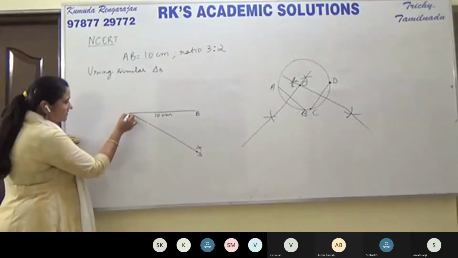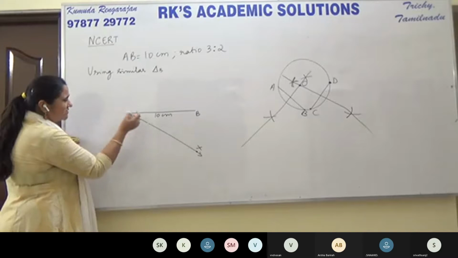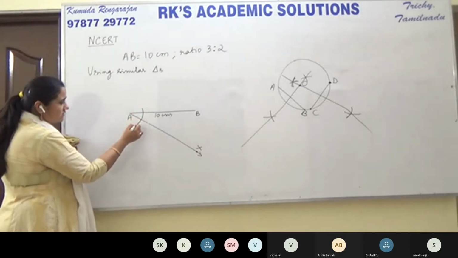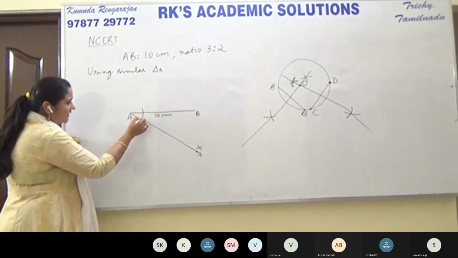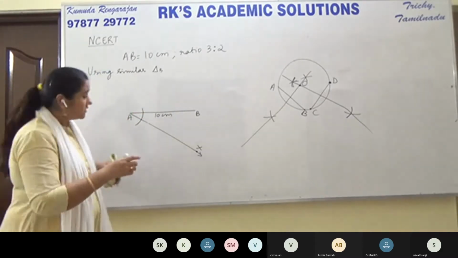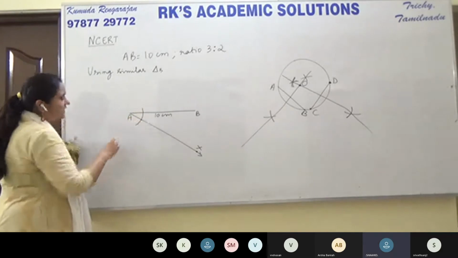With A as center and some little radius, draw an arc so that it intersects AB and AX.